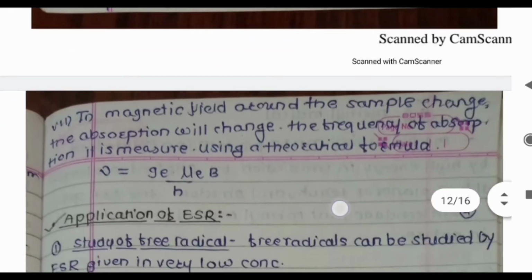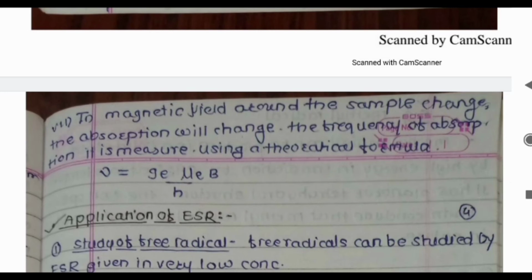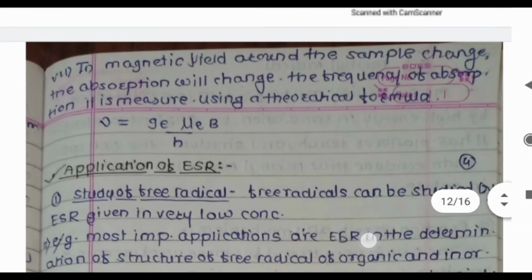The detector acts as a rectifier, converting the microwave radiation into direct current, or DC current. Now, as the magnetic field around the sample changes, the frequency of absorption changes, and it is measured using a formula we developed in the principle section. The frequency depends upon the gyromagnetic ratio, Planck's constant, and also the external magnetic field B, so it depends on the electron's parameters.